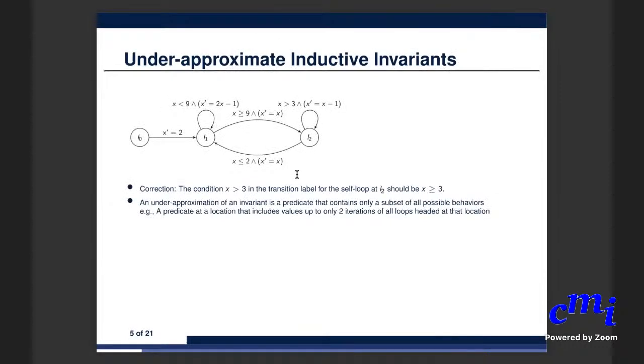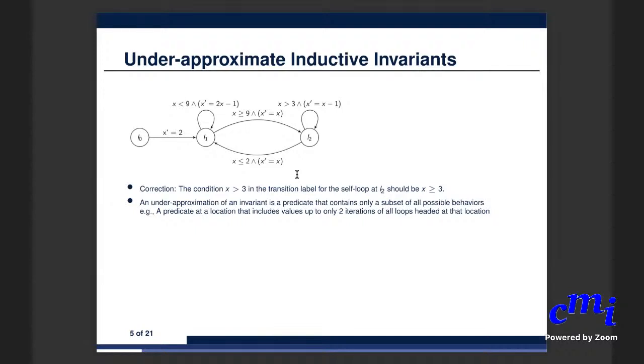An under approximation of an actual invariant at a location is a predicate characterizing a set of values that contains only a subset of all values that you can take at that location in any execution of a program.